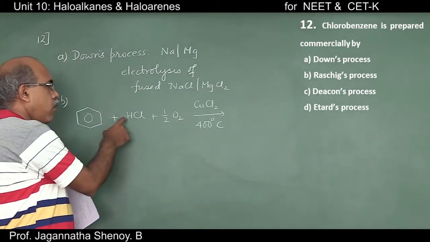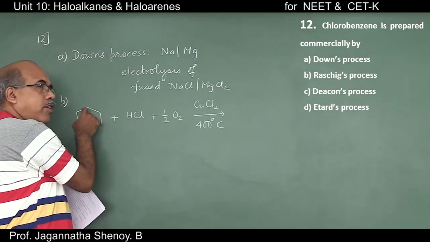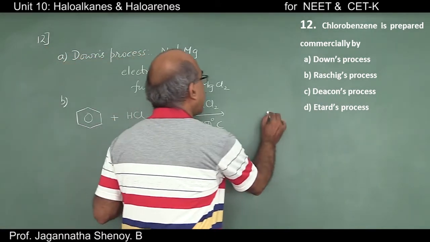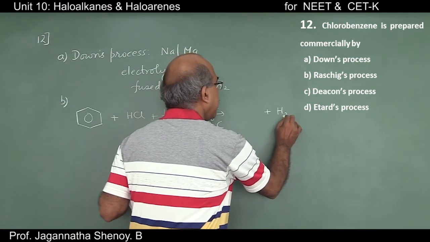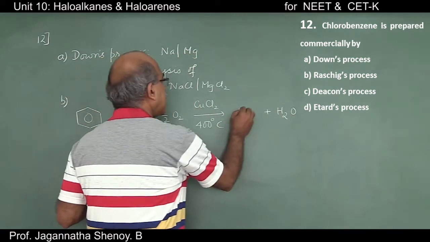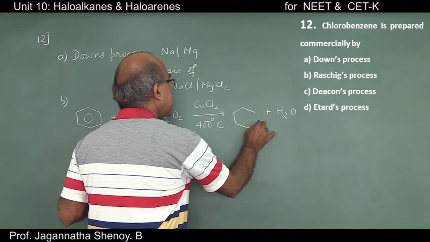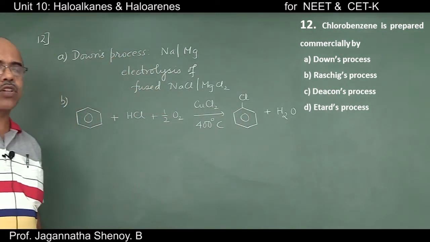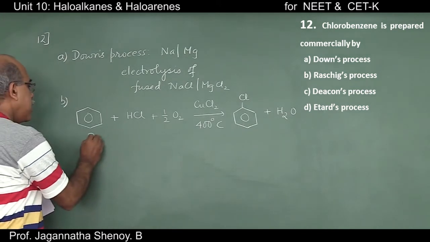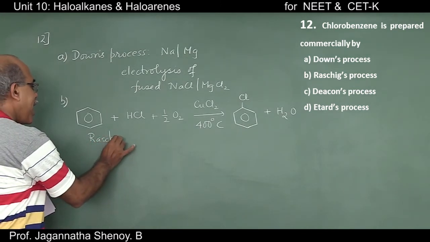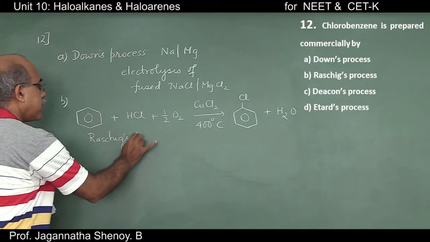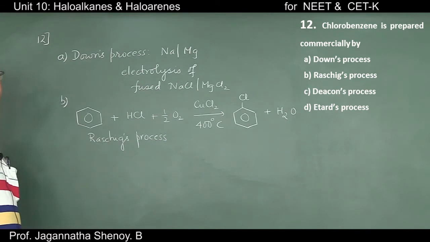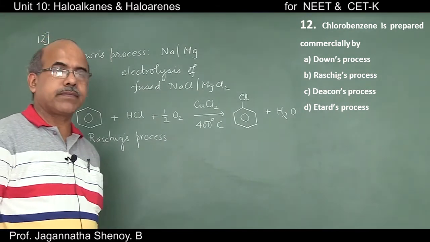What happens is one hydrogen from carbon atom of the benzene ring, and one hydrogen and one oxygen here, so a molecule of water will be removed and a chloro group gets introduced on the benzene ring. So what we have obtained is chlorobenzene, and this method is what is called Rastich's process. And this process is used to obtain chlorobenzene in commercial scale.